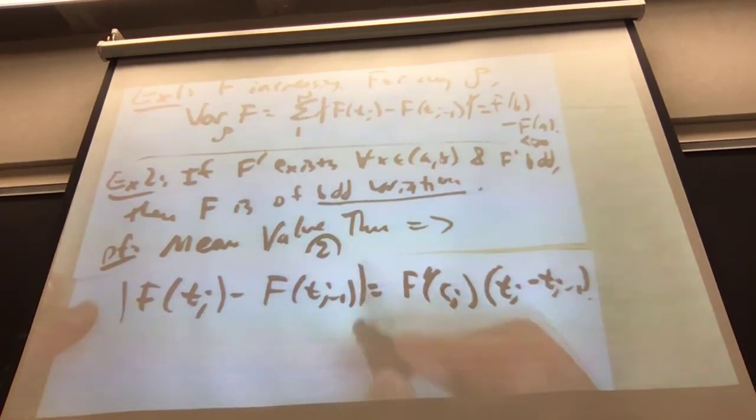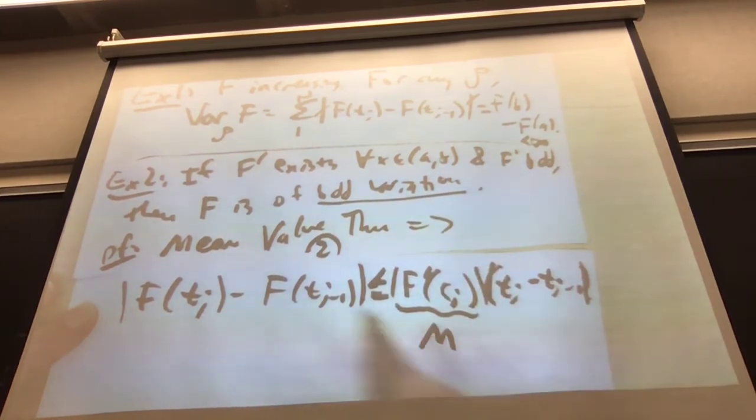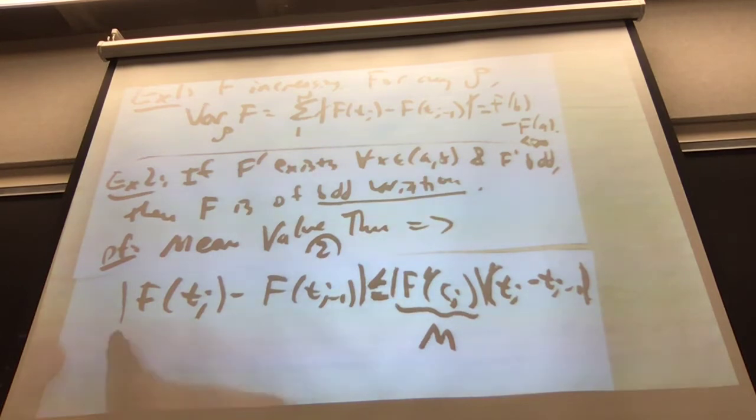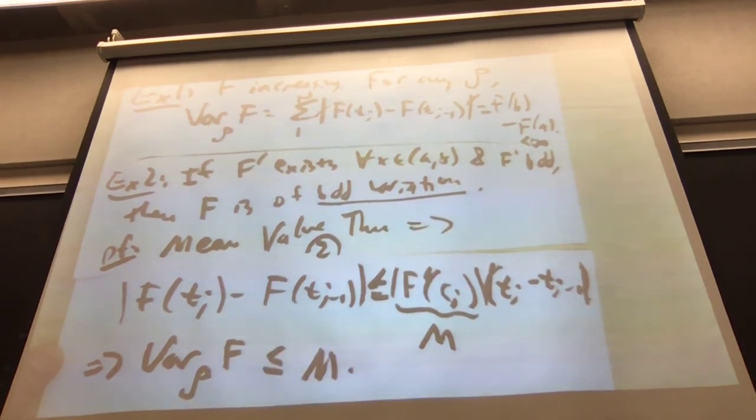So in absolute value, this is bounded by, well, I assumed f prime is bounded, so let m be the bound. And then if I add these up, the variation along any partition is bounded by m times the length, since this is now a monotonic function.